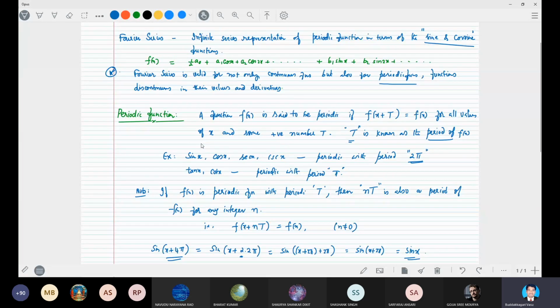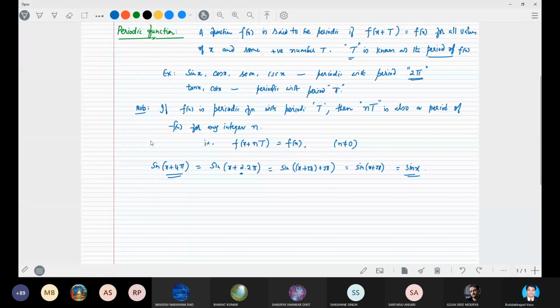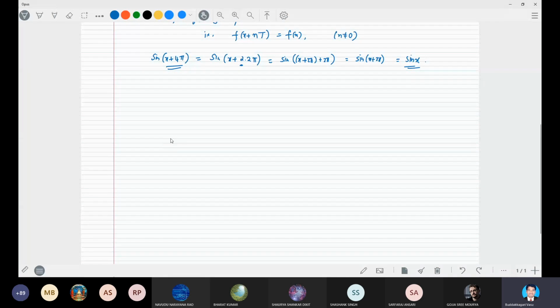Now let's write it here. That is Euler's formula.